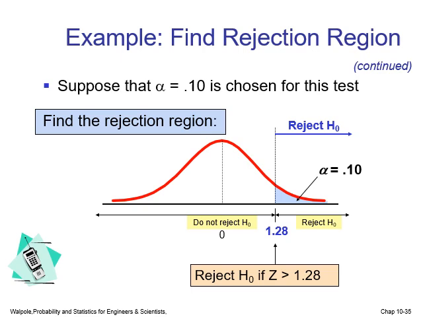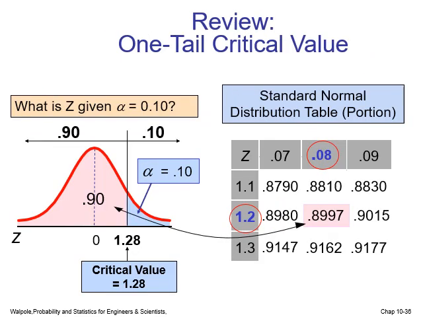Here, with alpha 0.10 chosen for this test, the rejection region is over 1.28, and if the z value is larger than 1.28, we will reject the null hypothesis.